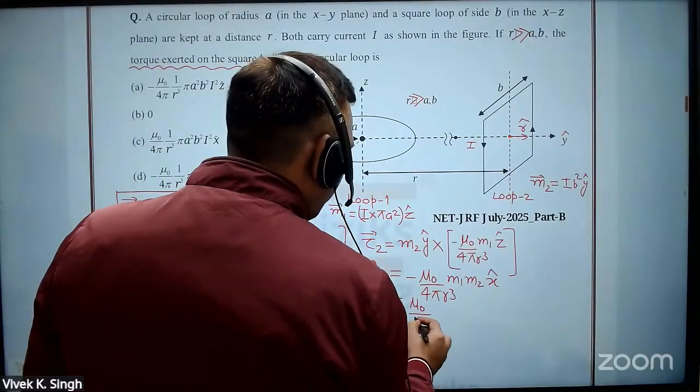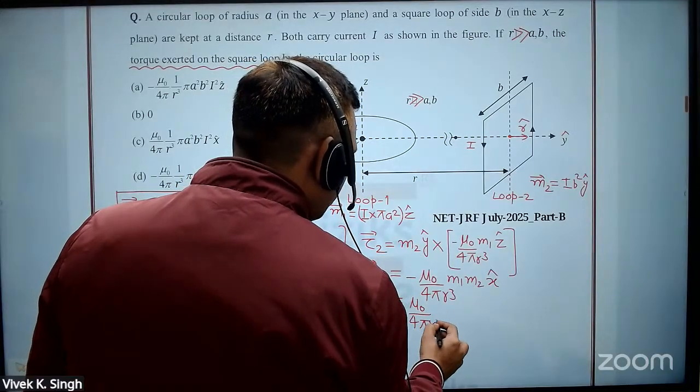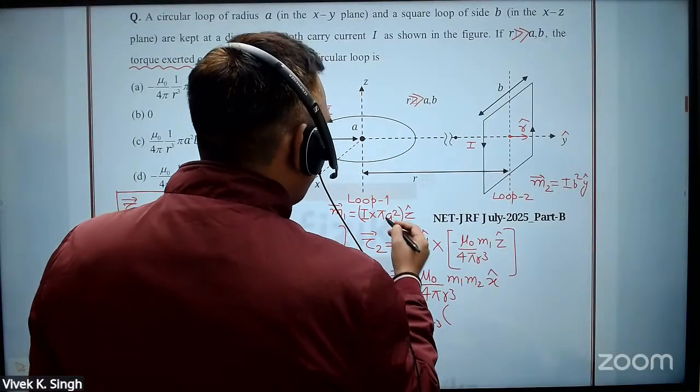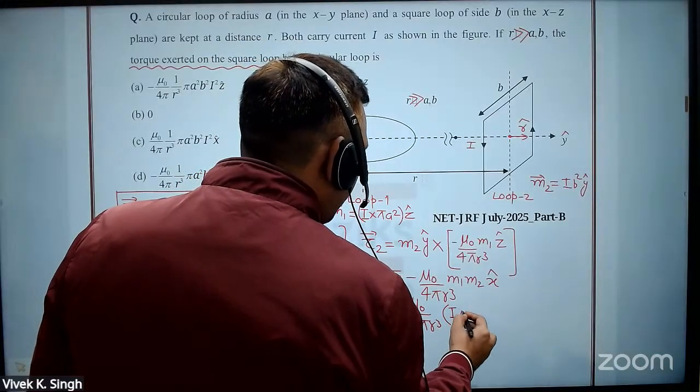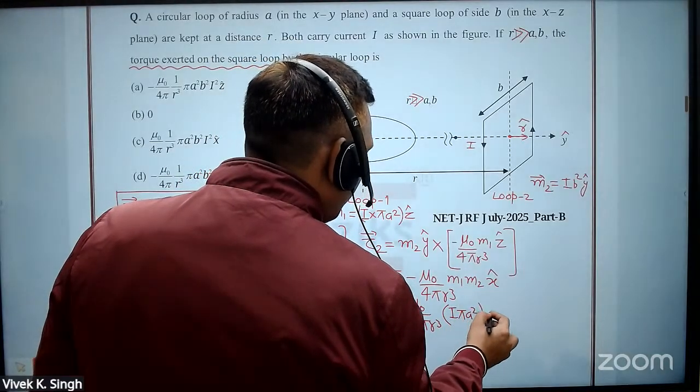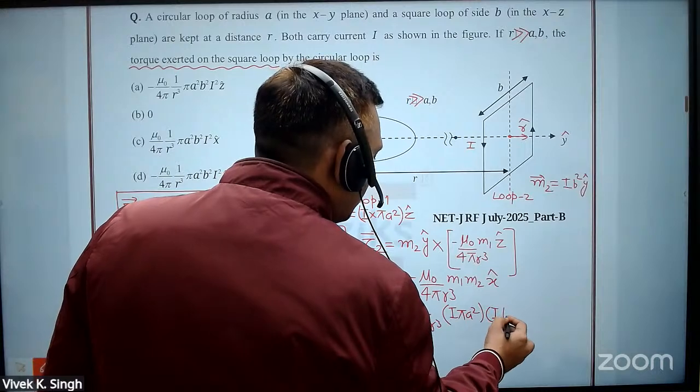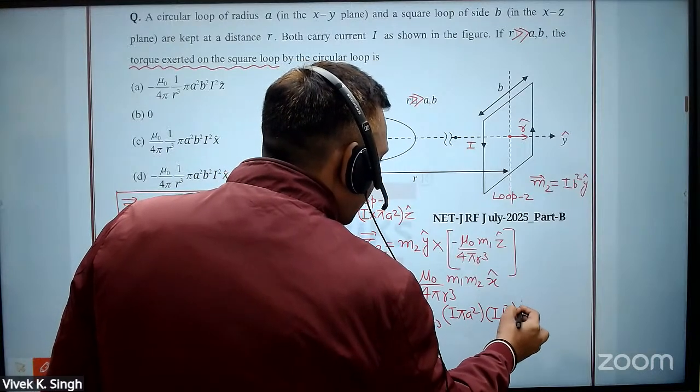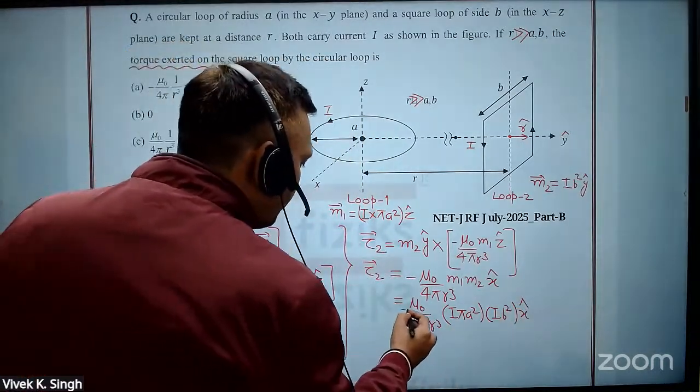Mu naught by 4 pi r cube. This M1 is given by I pi a square. M2 is given by I b square. And this is x cap. And you have a minus sign here.